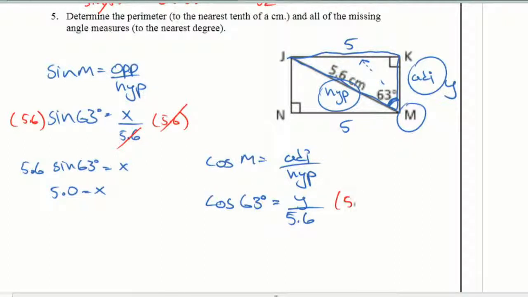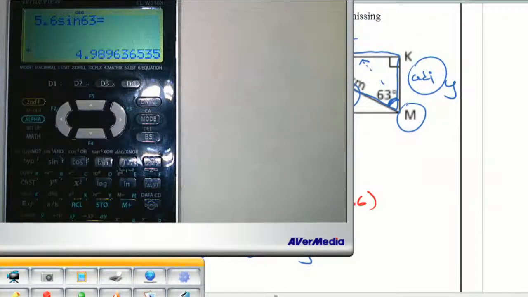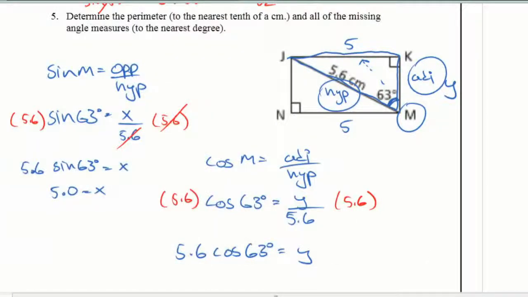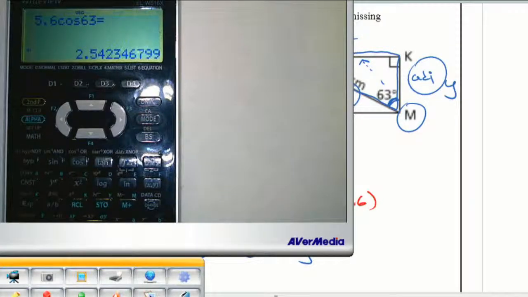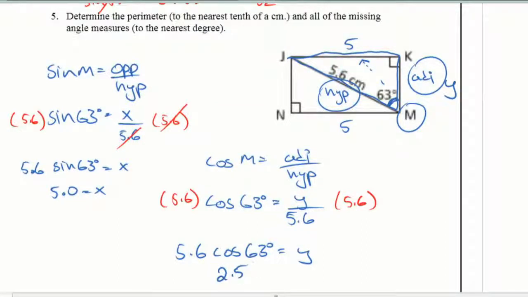I'll multiply both sides by 5.6, and I end up with 5.6 times the cosine of 63 degrees is equal to Y. Plug it into my calculator. 5.6 cos 63, and then hit equals. I get 2.54. So 2.5 is that Y. That means my adjacent side, I now know, is 2.5. And this is 2.5 as well.